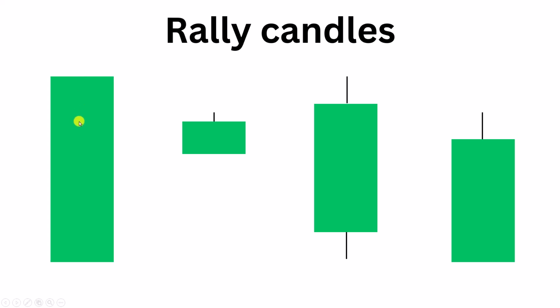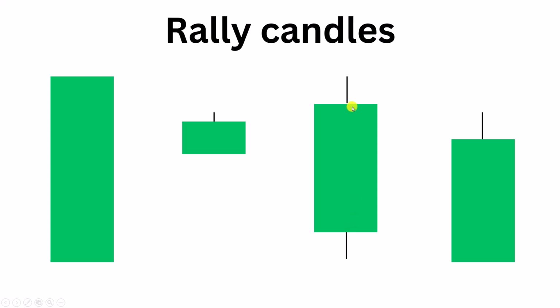For it to be a rally candle, we have to look at the size of wicks. If you look at this candle, there are no wicks, and so this is a very good rally candle. If we consider this, even though the body is small, the size of the wick is still smaller than the body. So this is considered as a rally candle too. This is once again a green candle which has a big body when compared with the wicks.